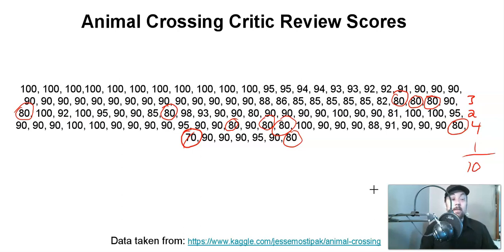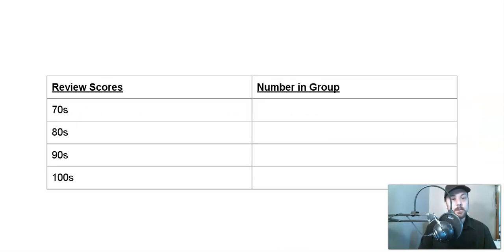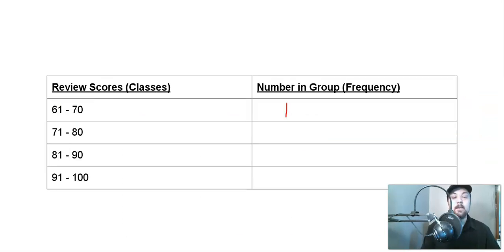All they would know is they're somewhere between 71 and 80. And so that would be the best that they could surmise, that there's 10 values somewhere between 71 and 80. And so again, like I said, you do lose some information when you convert your data set to a frequency distribution. All right, so we have 10 in this group.